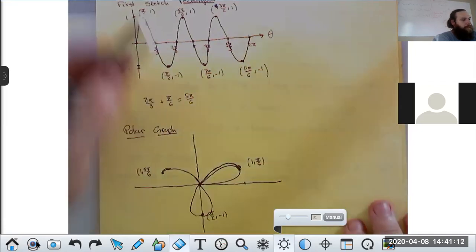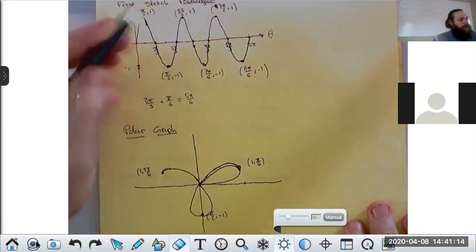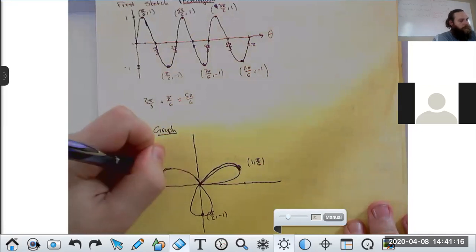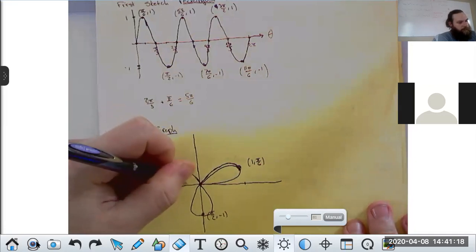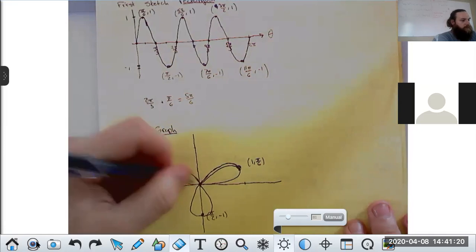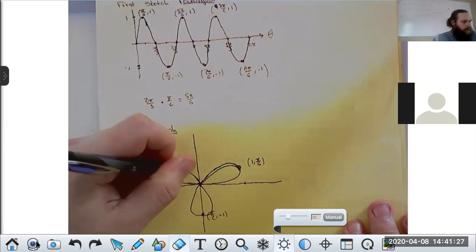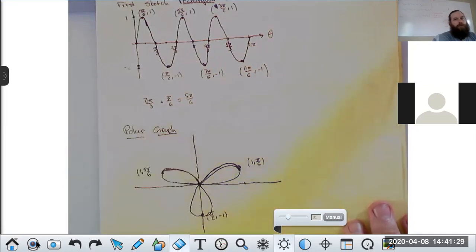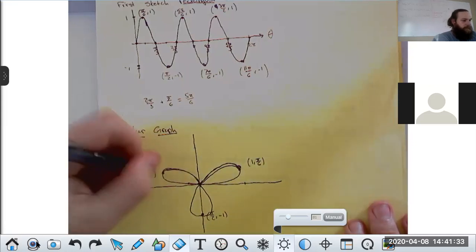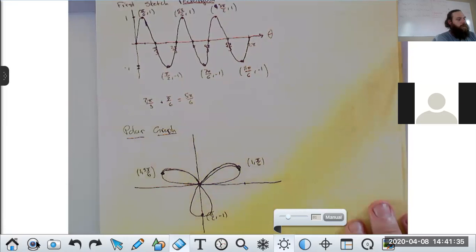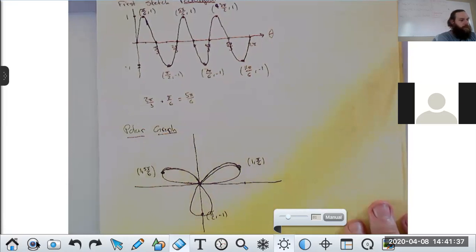And then as we rotate past 5 pi over 6 towards pi, by the time we're along the pi ray, we should be back at 0. So we come in tangent to the horizontal axis like that. And yeah, we get a petal looking something like this. So this extreme point out here is 1 comma 5 pi over 6 in polar coordinates.